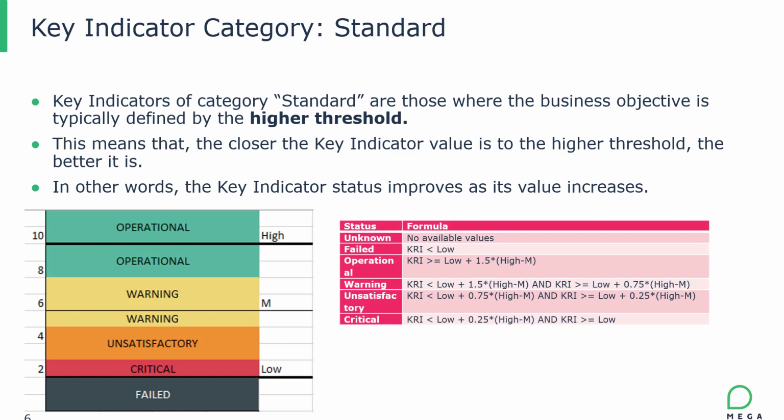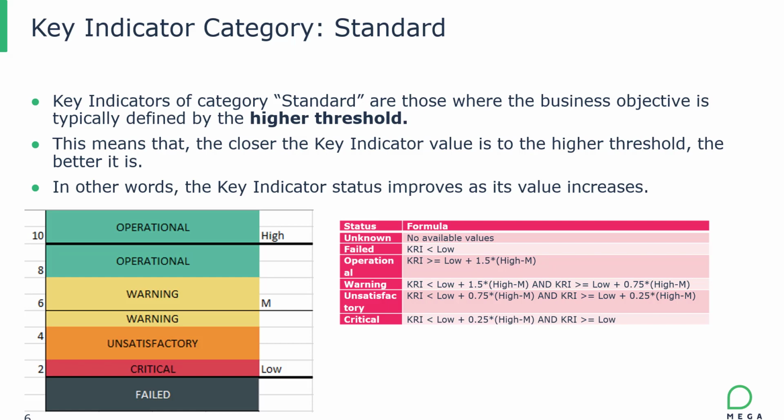In addition to the statuses displayed in the image on the left, we remind that there is another status, unknown, which is the status in which a key indicator is whenever no values exist, or the monitored interval hasn't finished yet. So we have two scenarios.